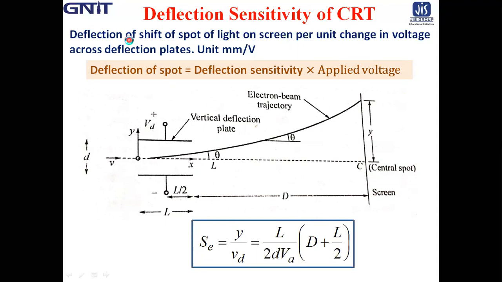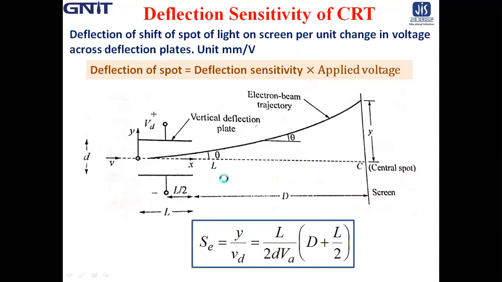It is measured in units of millimeter per volt. So, deflection of spot is basically deflection sensitivity times applied voltage.